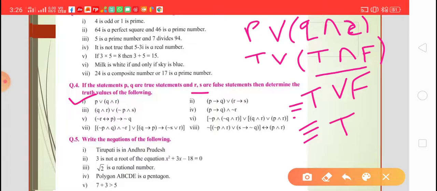Just replace the true statement by capital T and the false statement by capital F, and use the truth table for all logical connectives and solve. But friends, remember, first you must find the value for brackets. We first simplify brackets and then find the value of the statement.